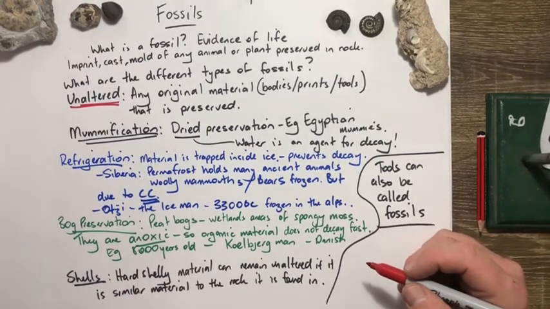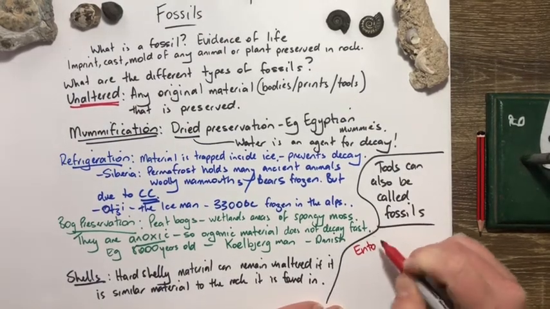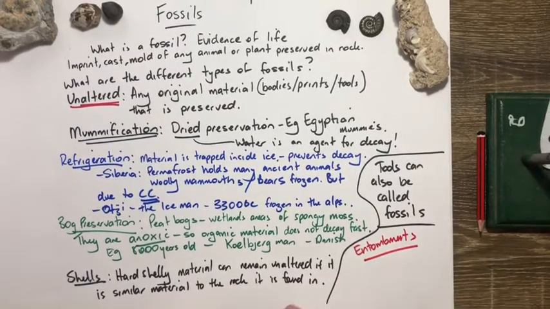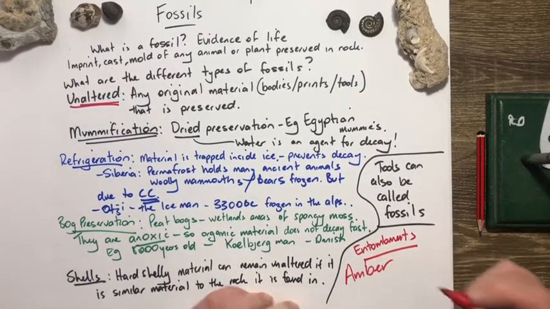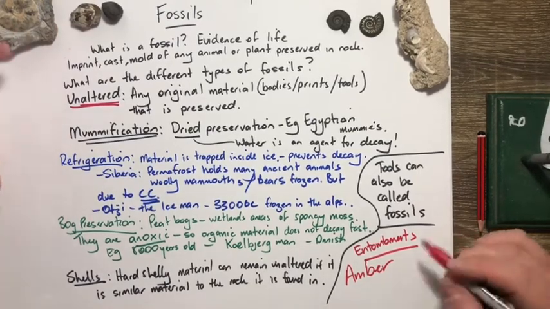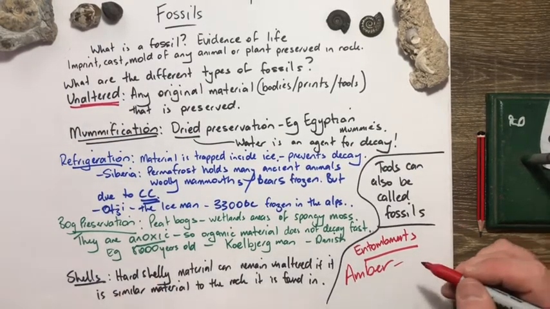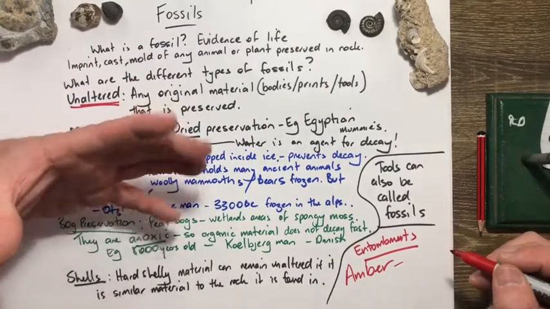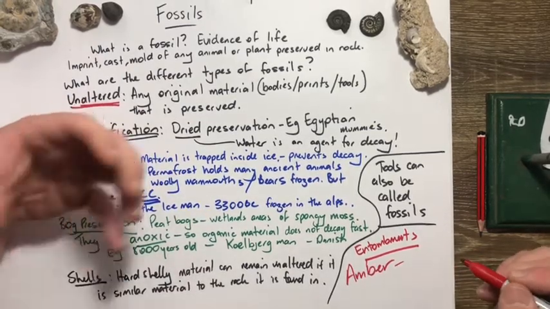Just one little note on unaltered fossils, and that is entombments, something we didn't talk about earlier. This refers just to one thing, and that is amber. If you've seen Jurassic Park, you'll know that they magically get the DNA from dinosaurs out of a mosquito that's trapped in amber. Well, that bit's fictional, but animals and insects have been trapped in amber for millions and millions of years, and those organisms are perfectly preserved in their original material.